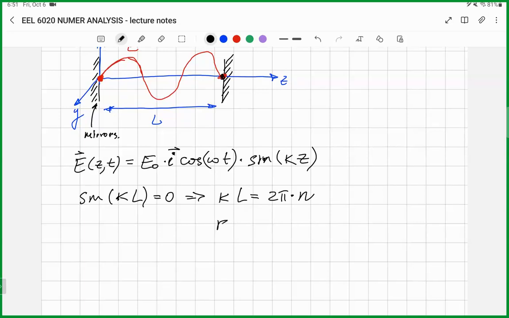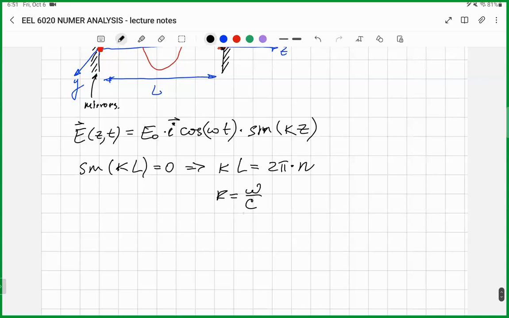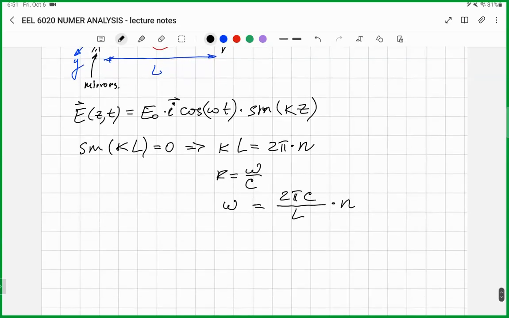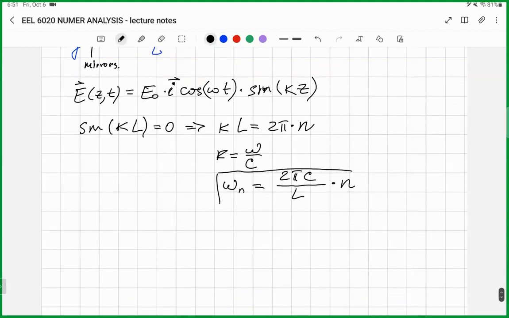So I can substitute for k omega over c, divide both parts by L, and multiply both parts by c to get omega. The omega is going to be equal to pi times c over L times n. This formula depends on n, so I put this n here.